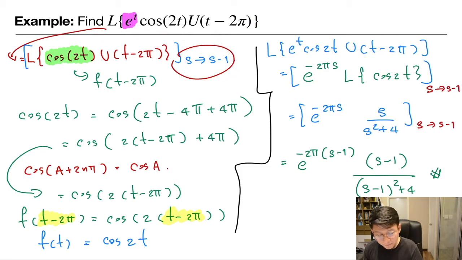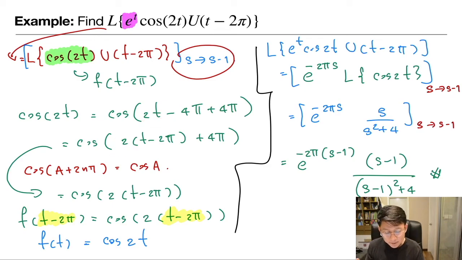To find the Laplace transform of this part, we're going to use the third technique. To apply the third technique, it needs to be a function of t minus 2 pi. So I have that cos 2t is cos(2t minus 4 pi plus 4 pi). Here it's the same as plus 0, right? So it's no problem. And here I pull 2 out.